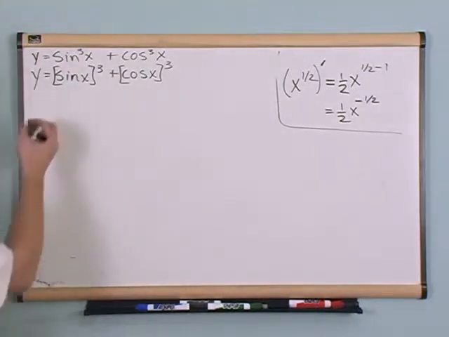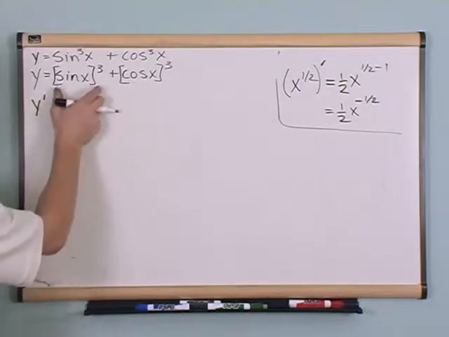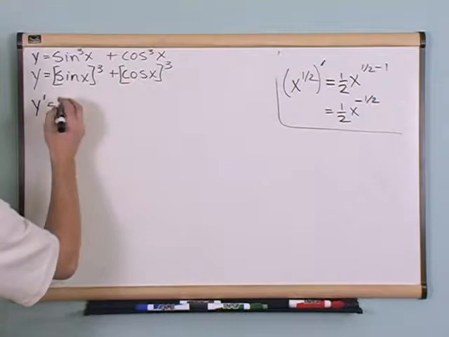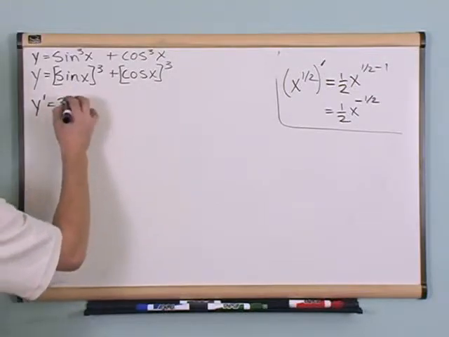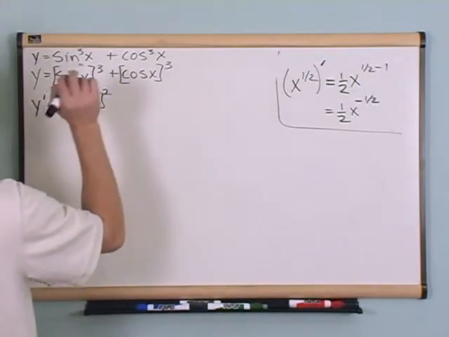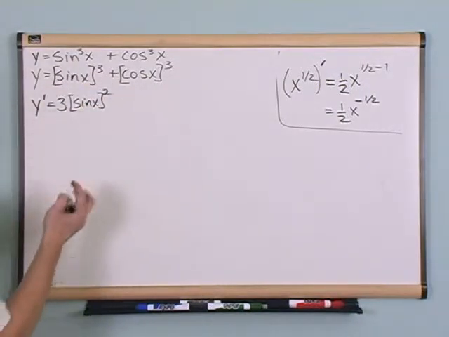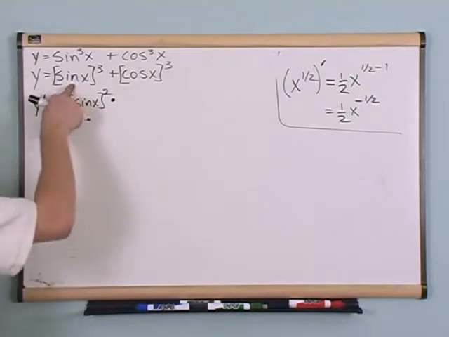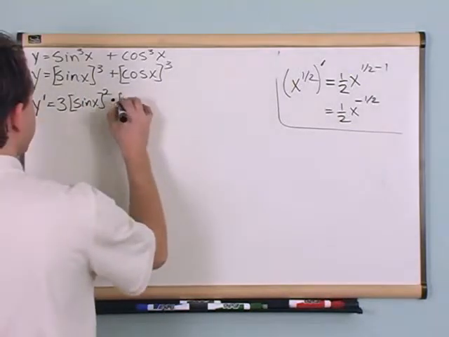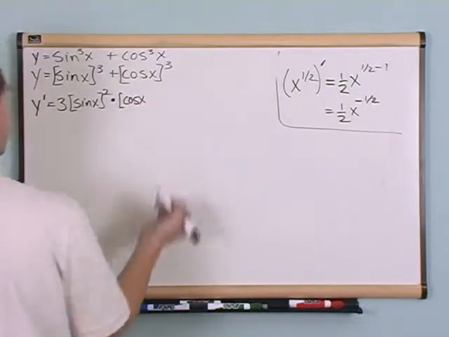Now to take the derivative, I think you'll agree with me that the big picture function is that we're cubing something, and the same here. So if I take the derivative of this guy, I'm going to have 3 times the sine of x to the second power, because I have the exponent minus 1, but then I've got to multiply by the derivative of the inside. The derivative of sine is just simply cosine of x.